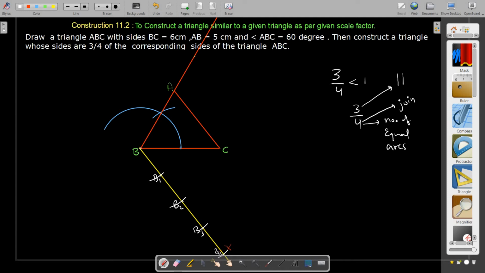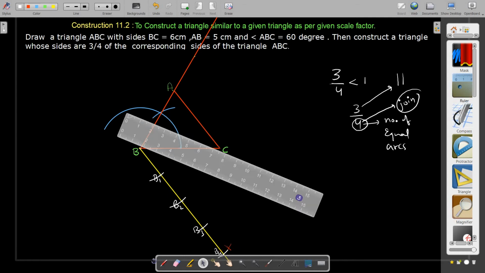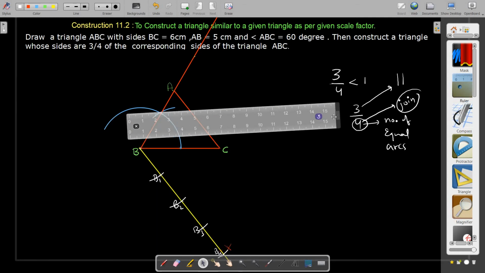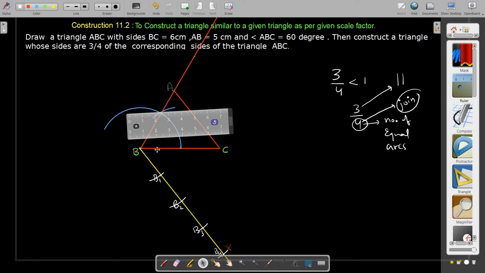In this fraction, the denominator number is for joining. Where to join? We have to join the fourth division to the other end of line segment BC, because at one end we have drawn the acute ray.